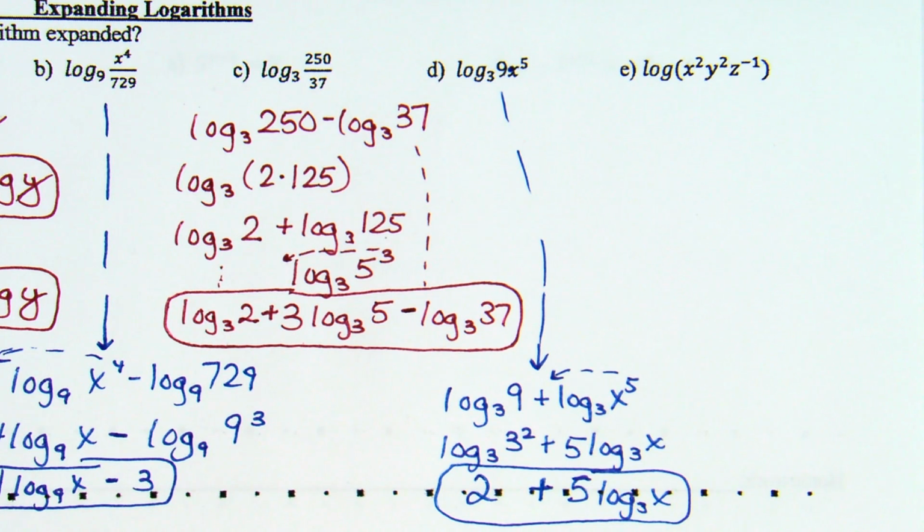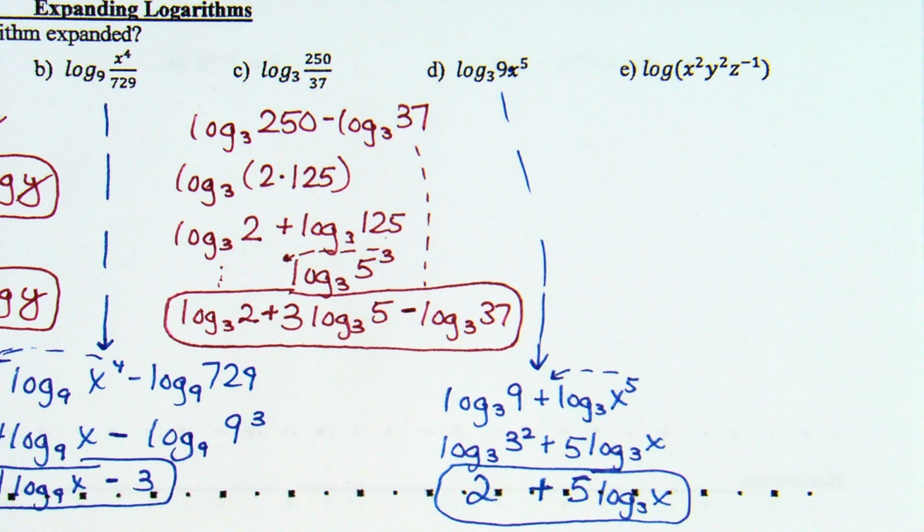So thoughts on this expanded form? Product? Yeah. How many things do you see being multiplied? 3. So can we go ahead and split it into 3 logs? Notice there are 3 things.